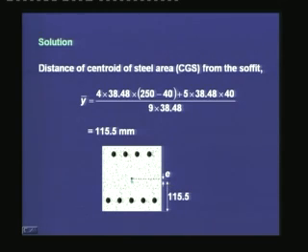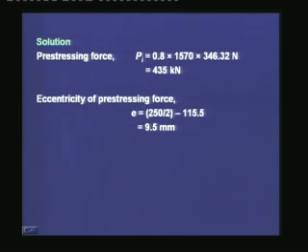What we can see is that the CGS is located 150 millimeters from the bottom. Since there are 4 tendons at the top and 5 tendons at the bottom, the CGS is shifted a little bit down from the CGC. The prestressing force is 80% of the ultimate strength times the area of the prestressing tendons, and this 435 kilonewton is the total prestressing force applied.